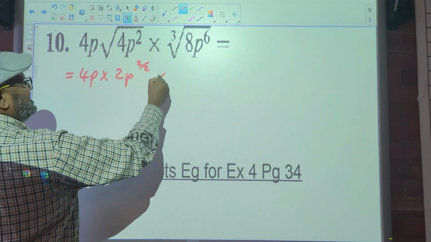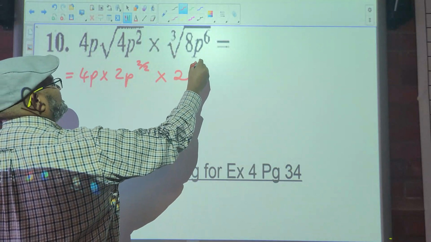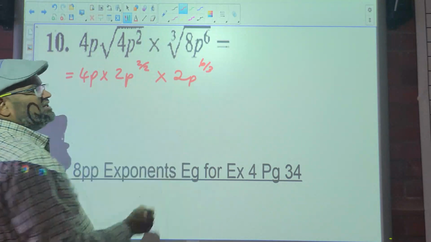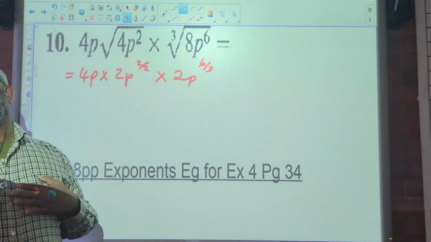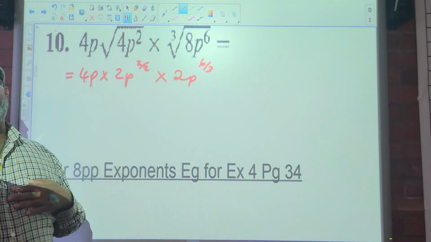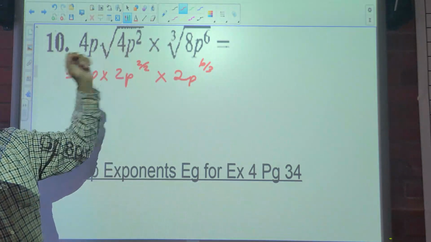Oh, is that what you're saying? Times 2P to the power of 6 over 3. You all agree with that, people? The cube root of 8 is 2, the square root of 4 is 2.